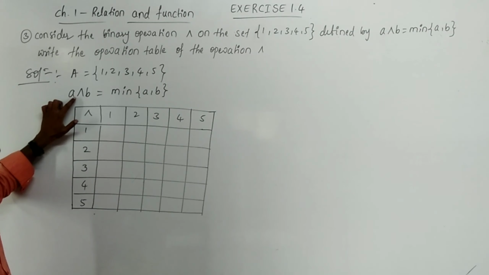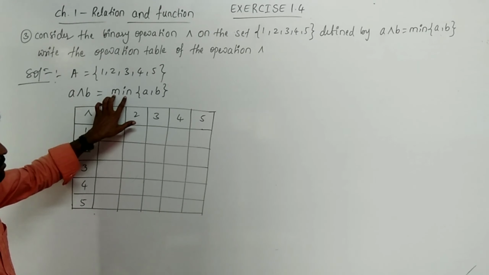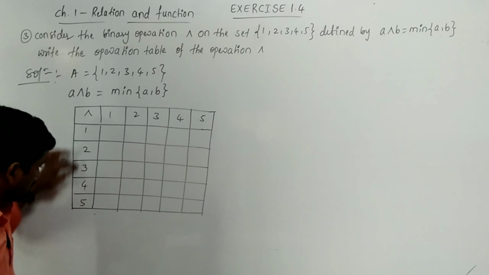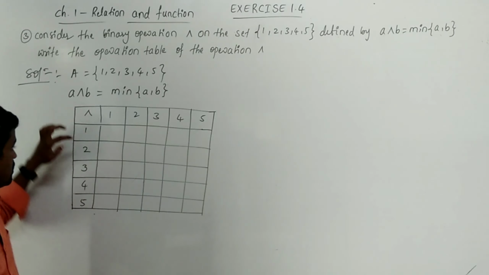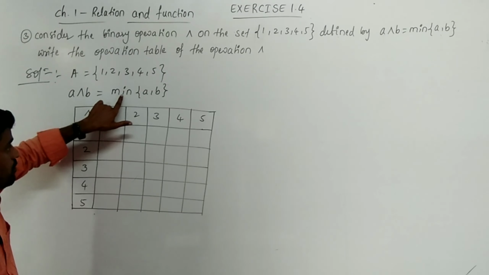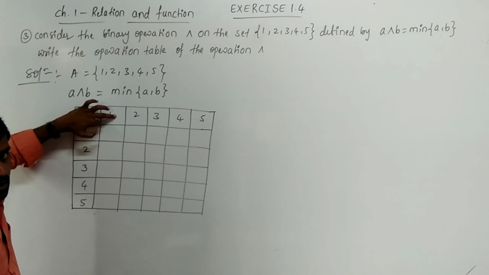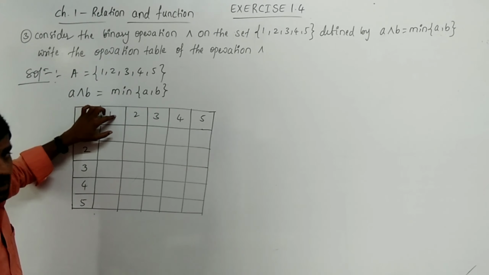Operation is a operation b equal to minimum of a and b. These are A elements, these are B elements. A is 1, b is 1. Minimum of a and b, minimum of 1 and 1. In 1 and 1 the smaller value is 1.